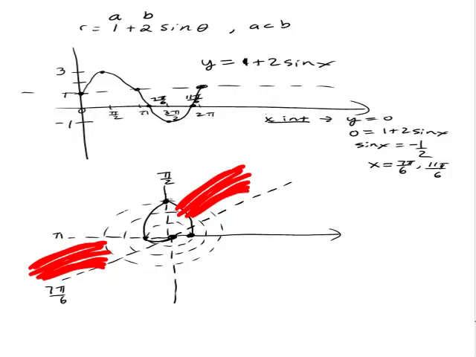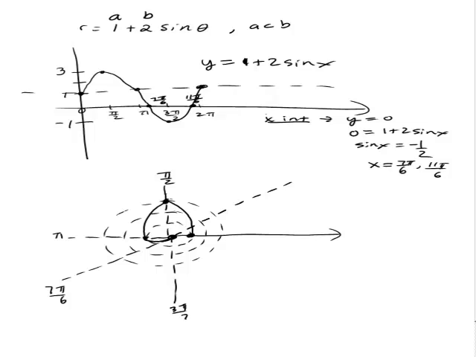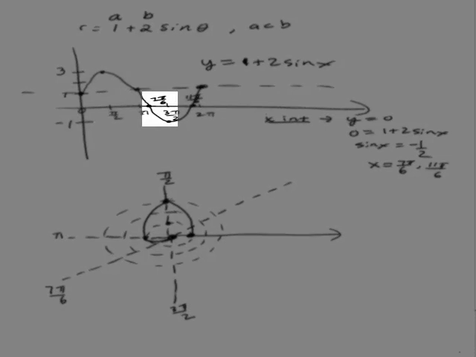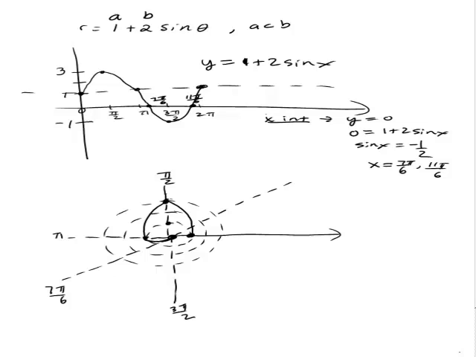We're going to go from 0 out to negative 1. At 3 pi over 2, it's at negative 1. If this is 3 pi over 2, then positive 1 would be right here, and negative 1 is going to be right here. It says that from 7 pi over 6 to 3 pi over 2, we go from 0 out to 2, so we start from the pole and increase out towards that.